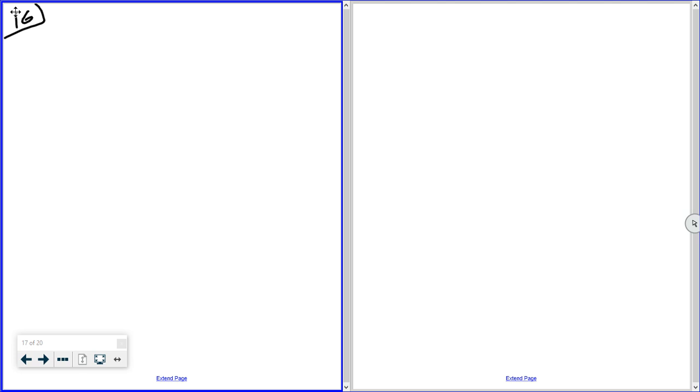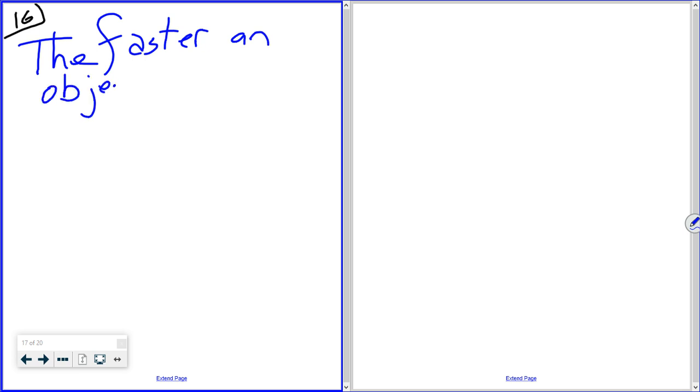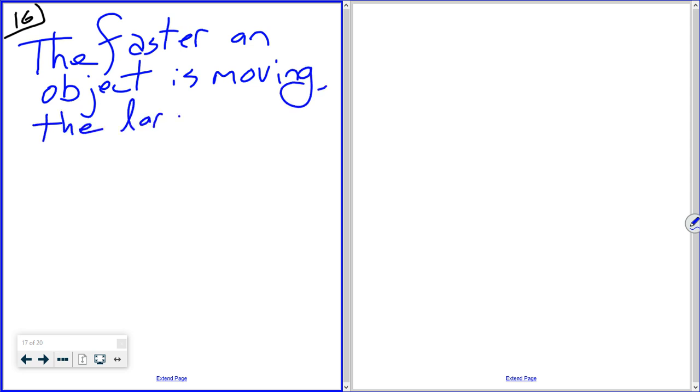Let's write it down. The faster an object goes, the larger the force of air resistance is.